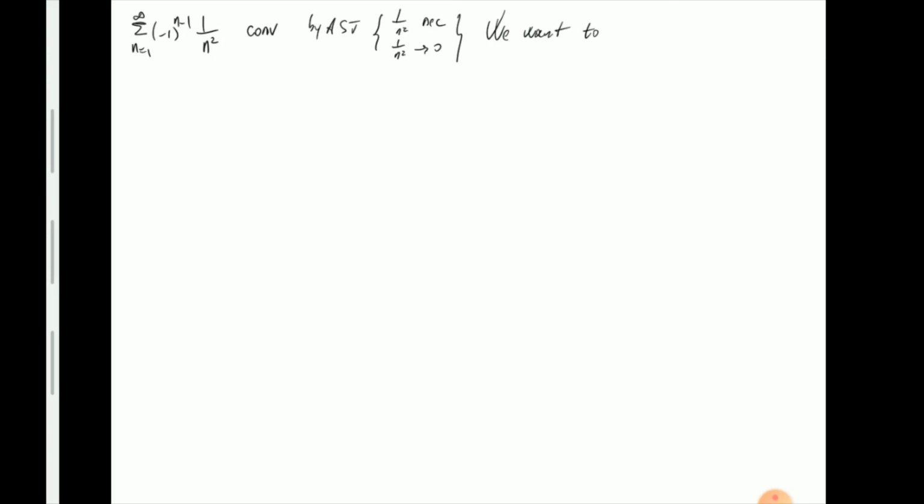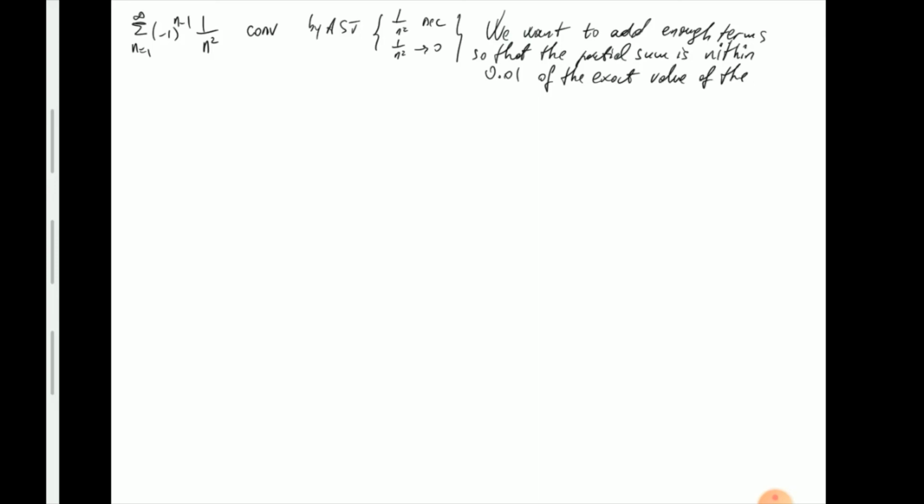And let's say we want to add enough terms so that the partial sum is within, let's say, 0.01 of the exact value of the series, the exact sum.